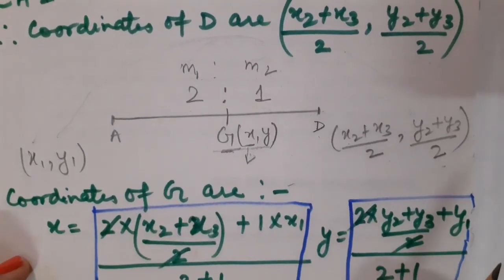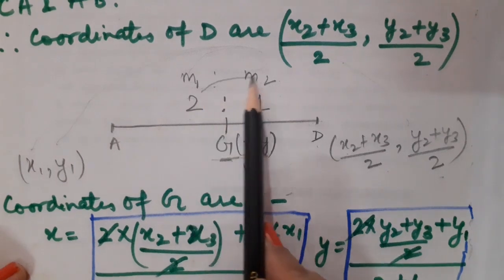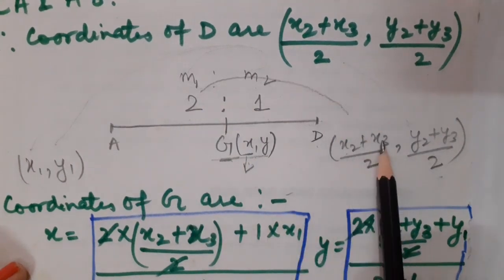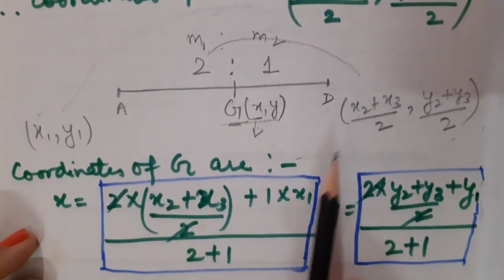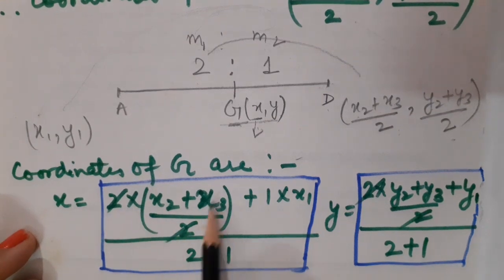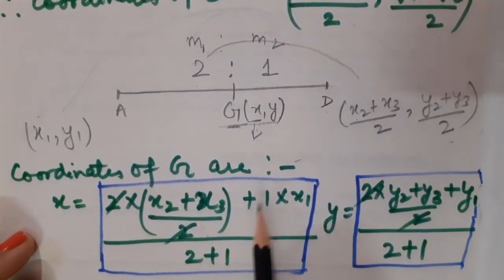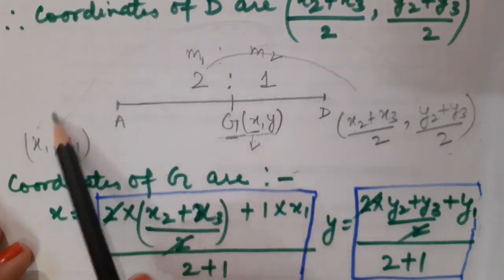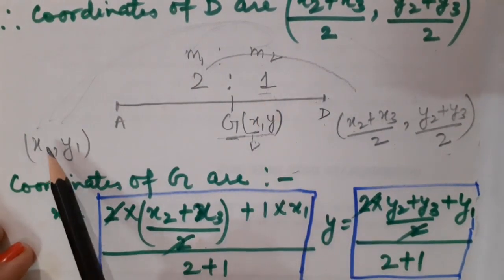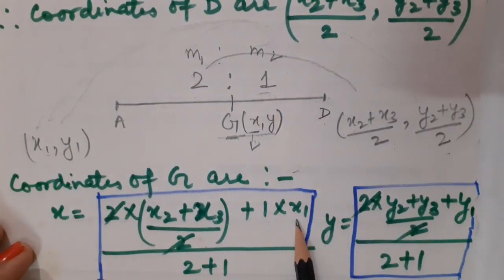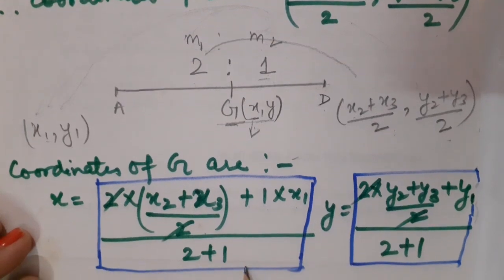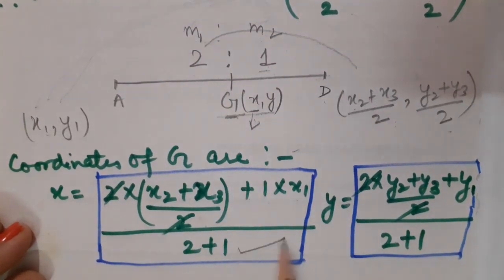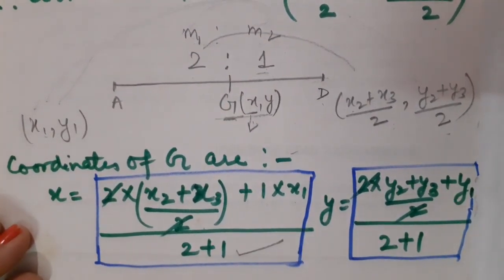Let us apply it. 2 into (x2 plus x3) upon 2, plus M2 into x1. What is M2? That is 1, so 1 into x1, divided by the sum of the ratio, that is 2 plus 1, which is 3. Understood?